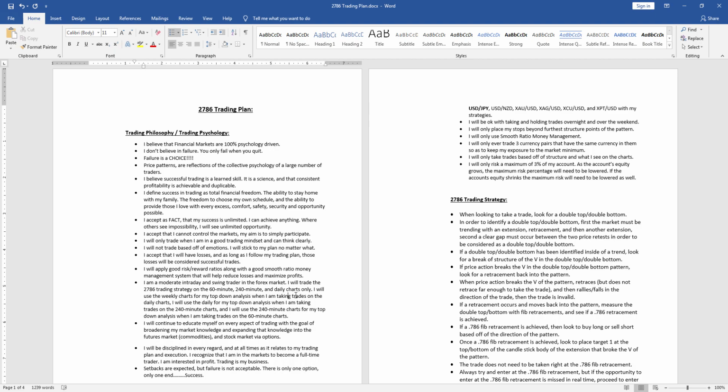Basically, you can have moves inside of other moves. You can have trends inside of other trends. So you can have a small bullish trend inside of a much larger bearish trend. To get around that problem, what we would do is look at the larger time frames. We would zoom out and see what the overall trend is.